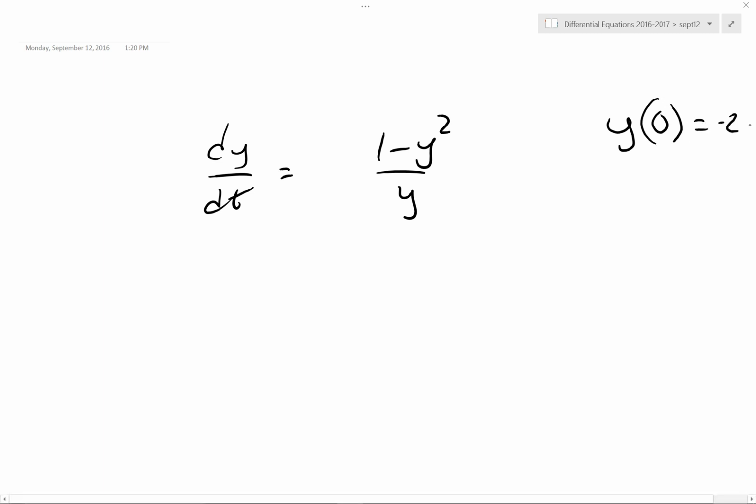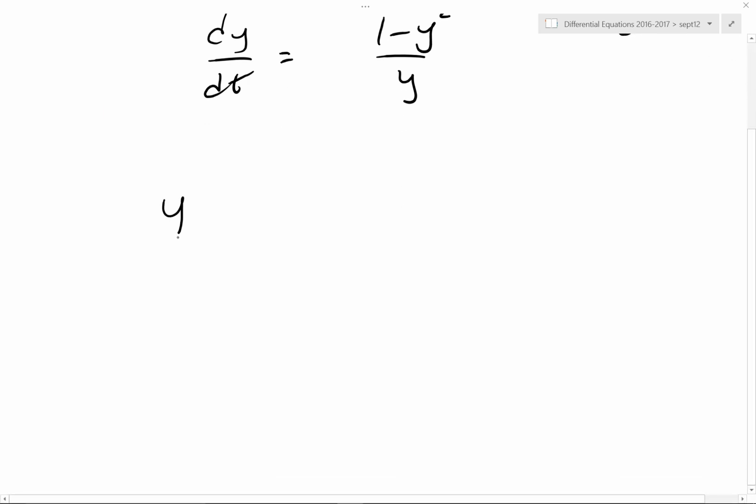First of all, it's autonomous. Yes, because it's just the dependent variable. Is it separable? Yeah. Can I get these y's on that side? Yeah, I can. Nice.